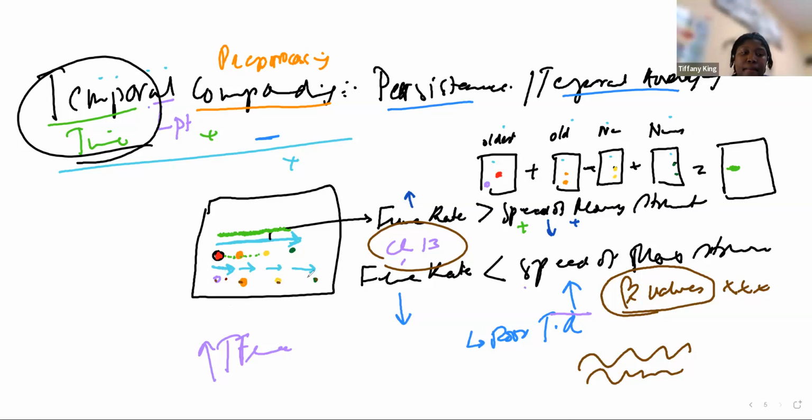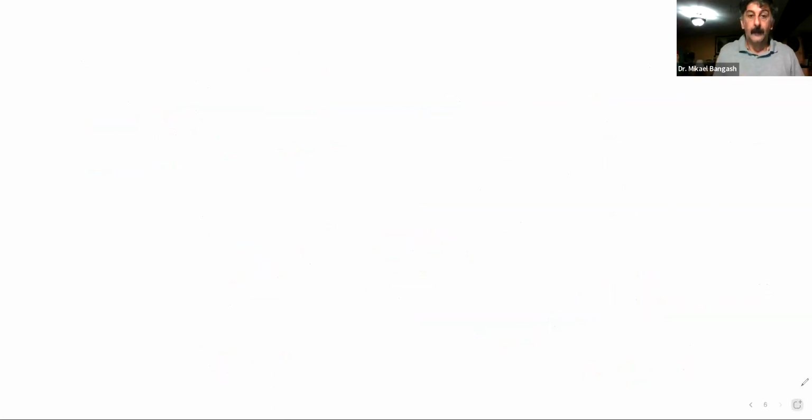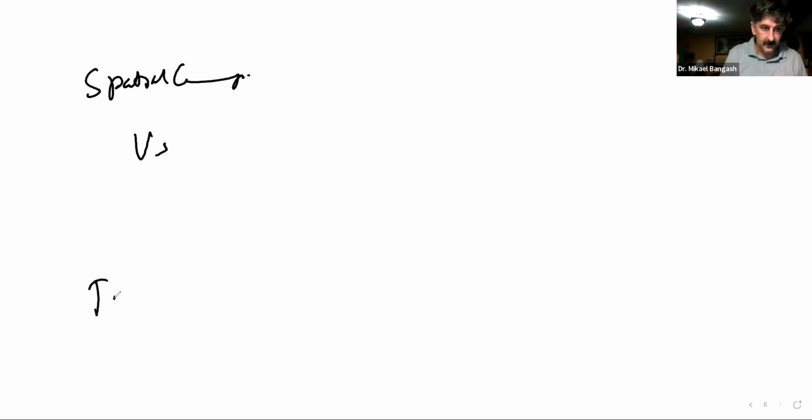But my idea is the main difference between spatial compounding versus temporal compounding.